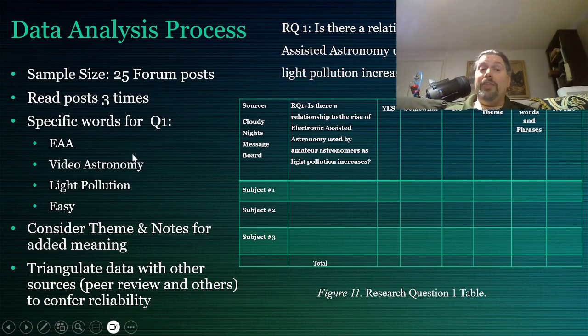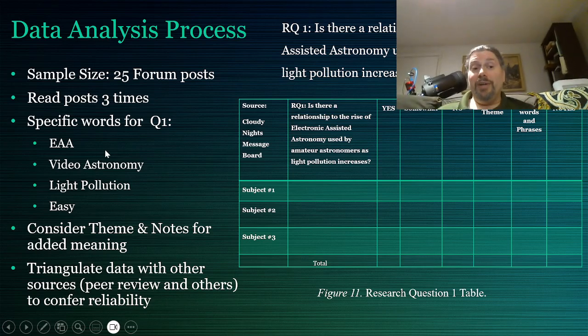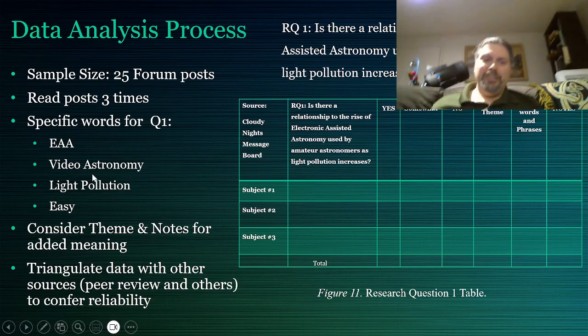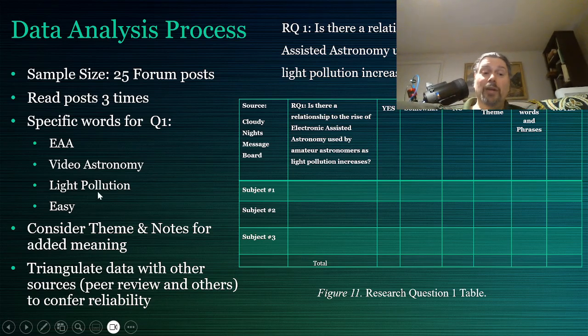EAA, or things that are like these words, right? Or in the spirit of these words. So it could be electronic assisted astronomy. Video astronomy is what EAA used to be called before it was called electronic assisted astronomy. Things like light pollution, ease of use, anything that is in that spirit.